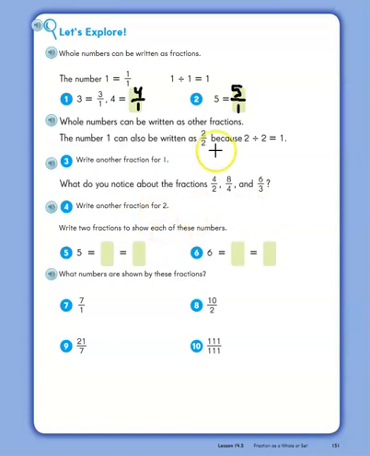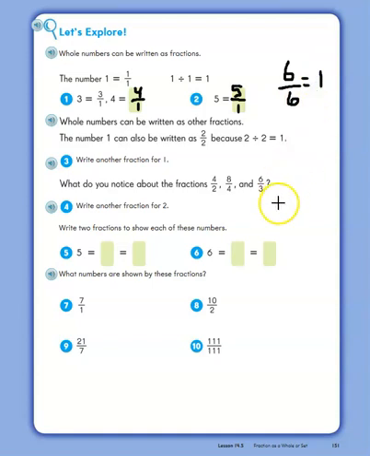Because what it really means is, say we're talking about the number 6, and say we have 6 out of a total of 6. That just means we have the whole thing, right? So 6 out of 6, or 6 divided by 6, is 1.